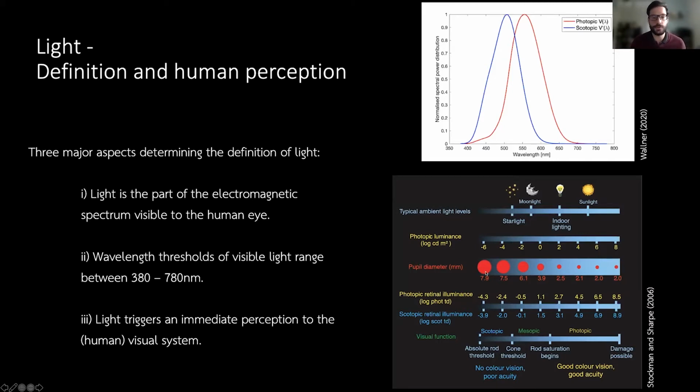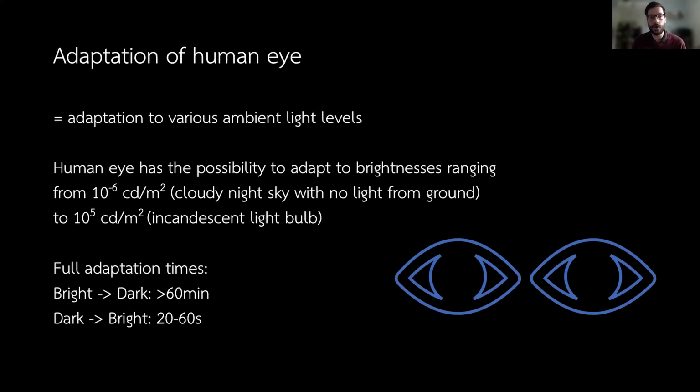In our case, for the human eye, the pupil diameter changes and is in fact decreasing the higher the ambient light levels are. And this is also important if we take a look at the adaptation of the human eye, because what are we talking about? Adaptation, of course, to various ambient light levels. But what are the thresholds we are talking about here for the human eye?